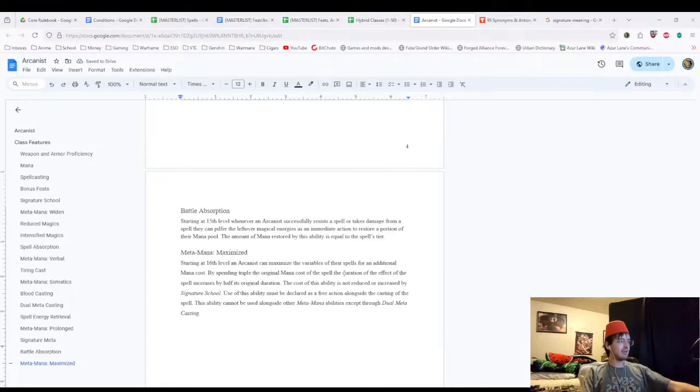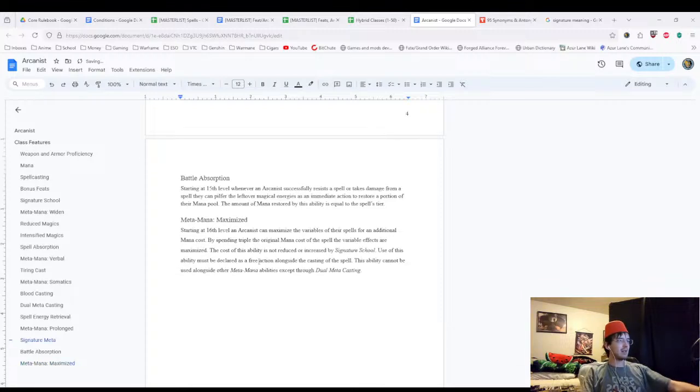The variable effects are maximized. The cost of this ability is not reduced or increased by signature school. Free action alongside casting a spell. Right? Right. Yes. Right. Hold on. Is maximized.